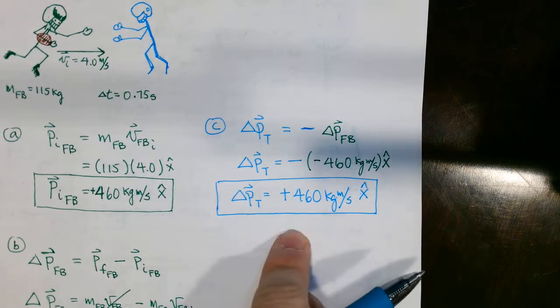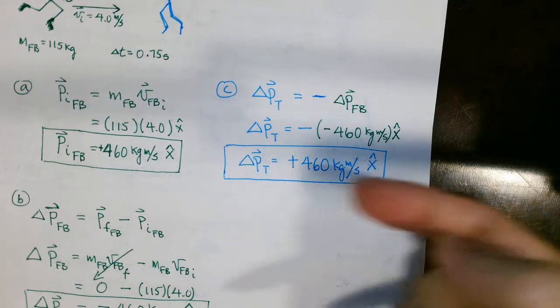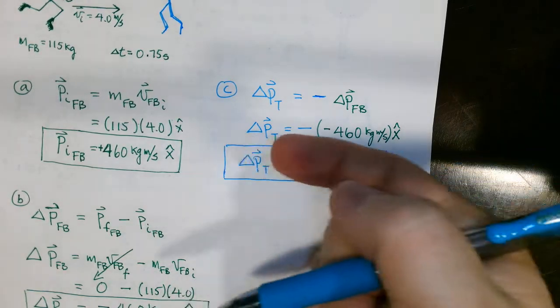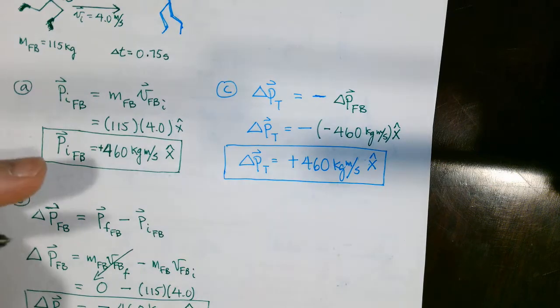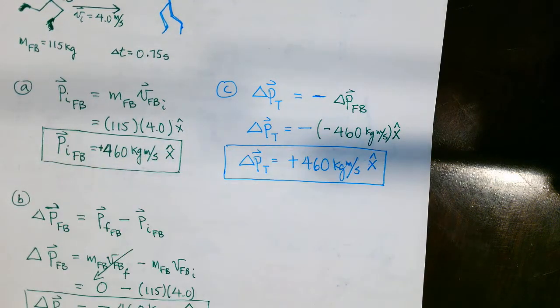And that makes sense because if the tackler is going this way and the fullback is applying the change in momentum that way, it has to be in the positive direction.